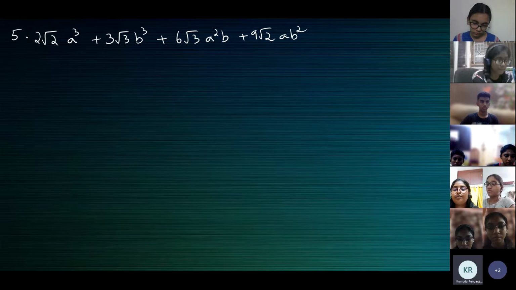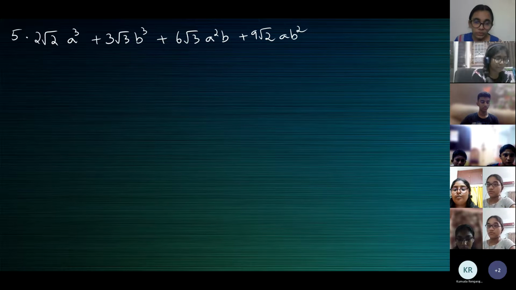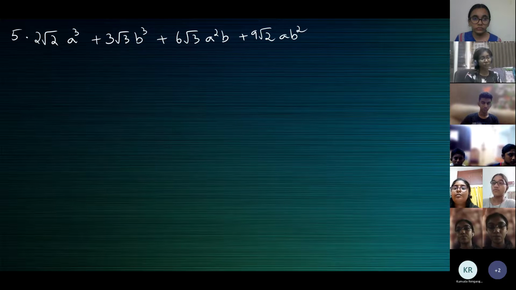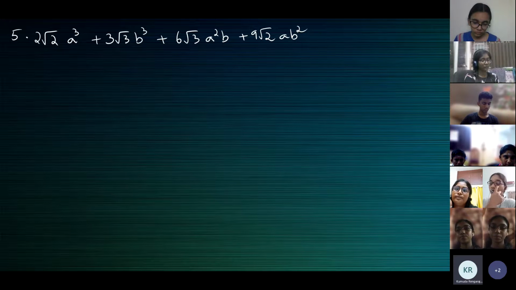How many perfect cubes? 2, ma'am. So from the identities, which identity has 4 terms with 2 perfect cubes in it?